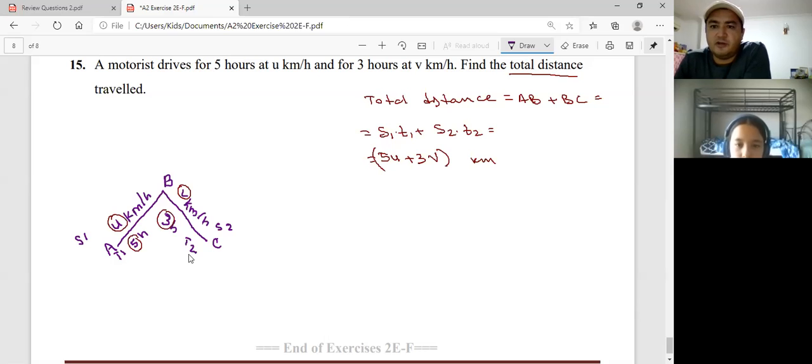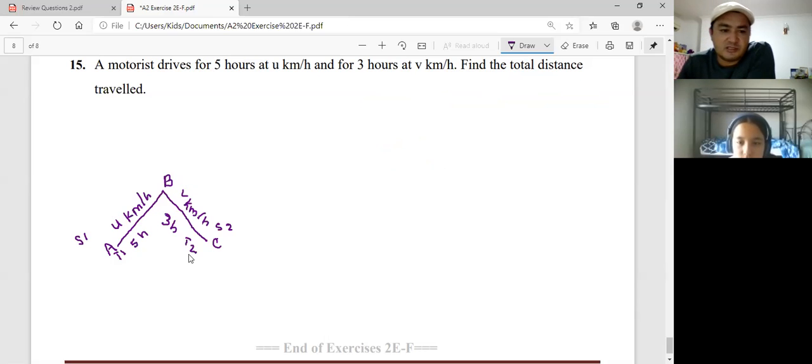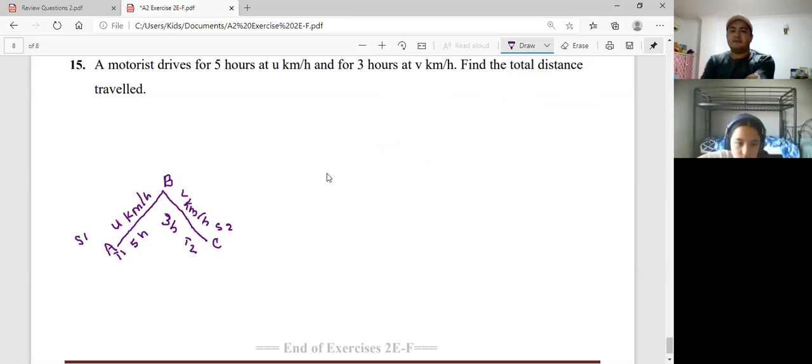So total distance is moving from A to B, then B to C. And how do you find A to B? Speed times time. So it's like 5U plus 3V.